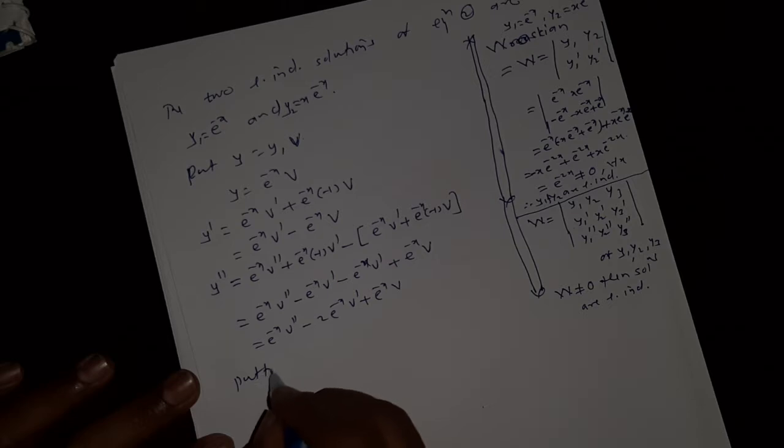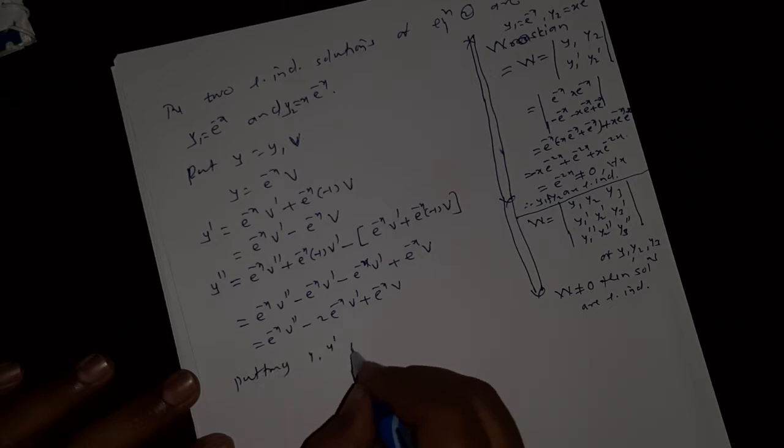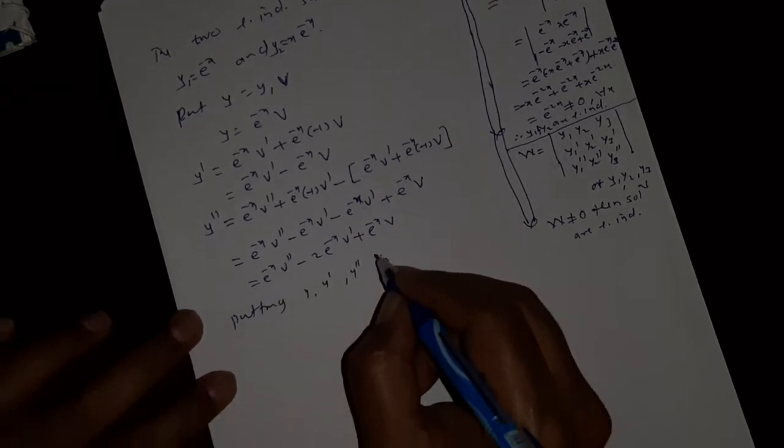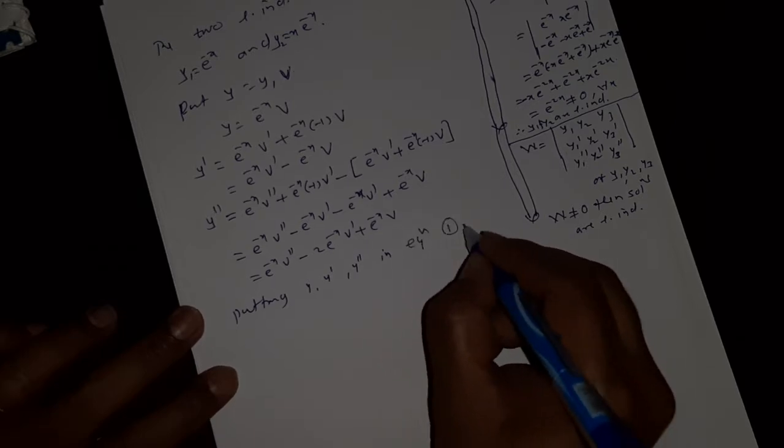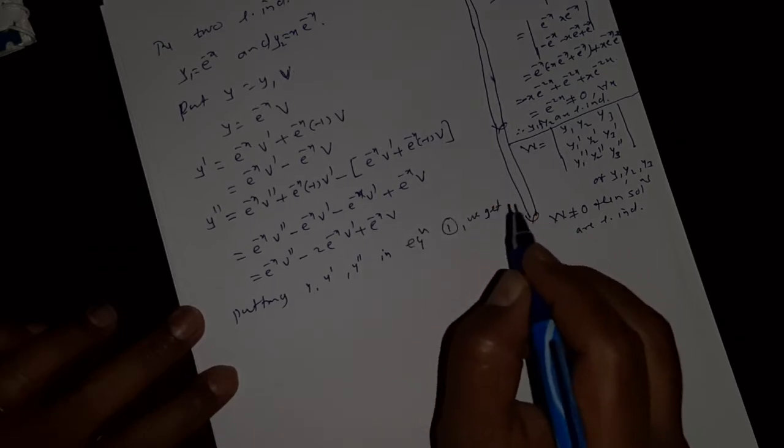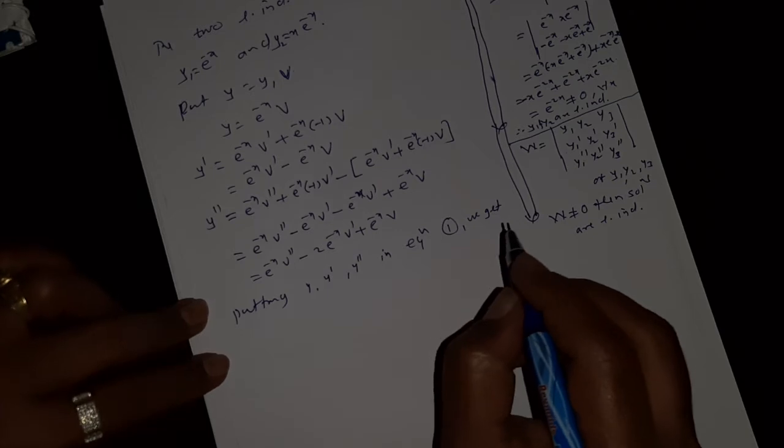So putting y dash and y double dash in equation 1 we get. So what is equation 1?